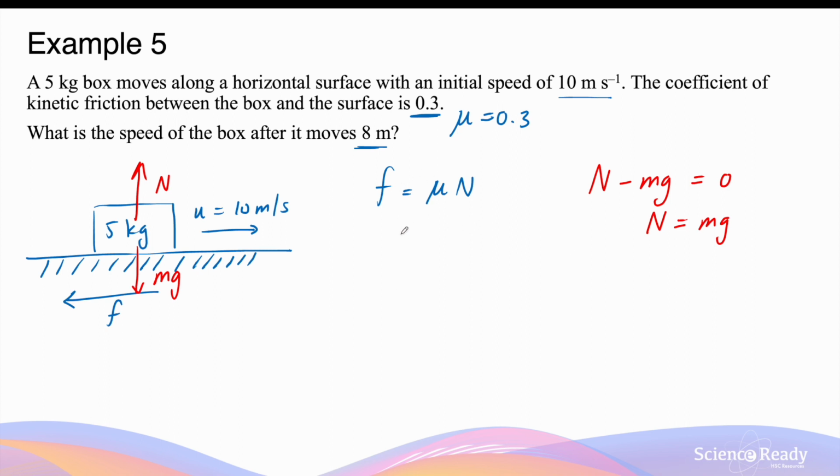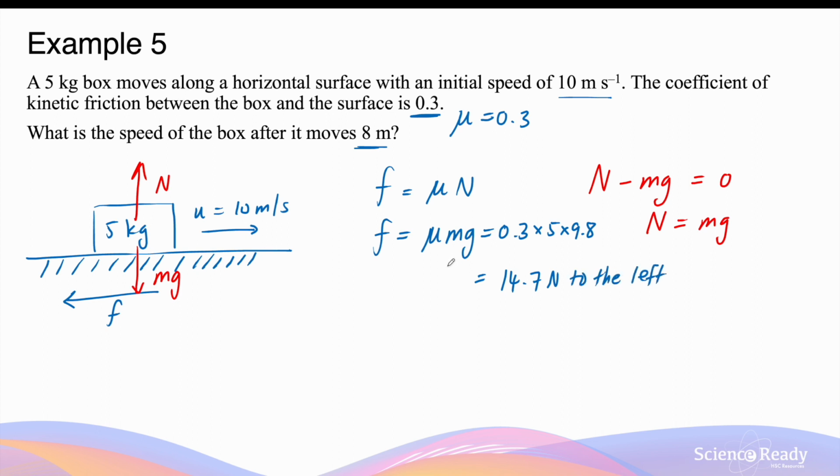This is useful because we can say that the kinetic friction is now equal to mu multiplied by mg. The value of mu is 0.3 and the mass of the object is 5 kilograms multiplied by the acceleration of 9.8 meters per second squared due to gravity. This gives a magnitude of friction of 14.7 newtons to the left.